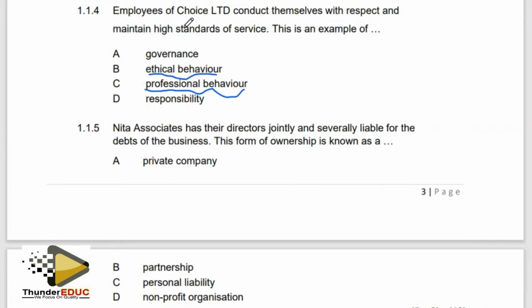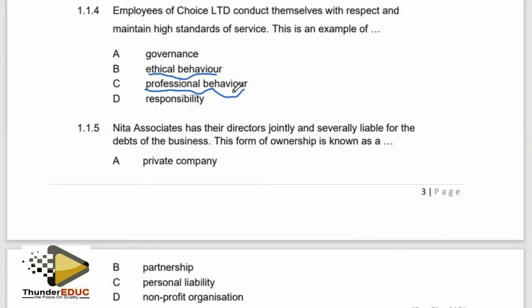For example, the employees of Choice Limited conduct themselves with respect and maintain a high standard of service. And definitely, it's ethical behaviors. If you are to explain what we call ethical behaviors, these are expected behaviors from a person in a community, behaviors that are generally acceptable in society. Those are what we call ethical behaviors.